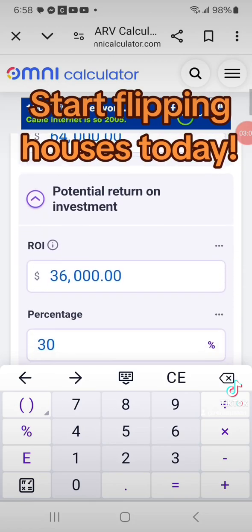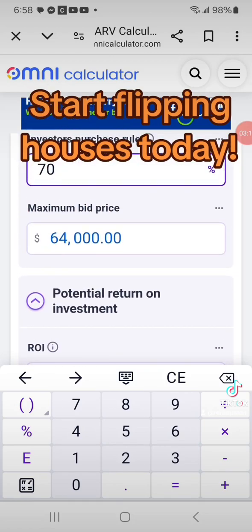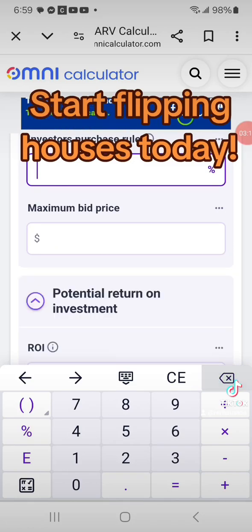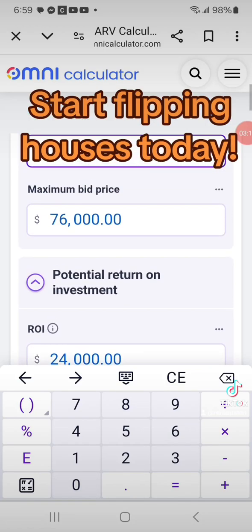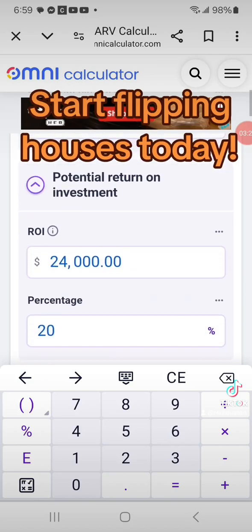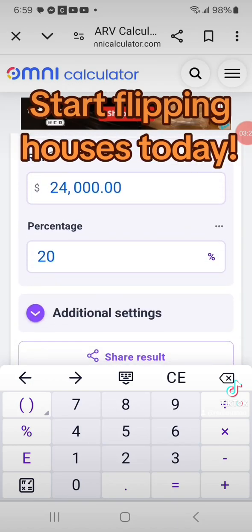But again, if the person says no, and if you don't mind risking that, maybe you can give that person 80% on the house, which is $76,000. And if you're happy with just making about 24,000, which is 20%, then that's fine. This is how you learn how to flip houses, really, by doing it.